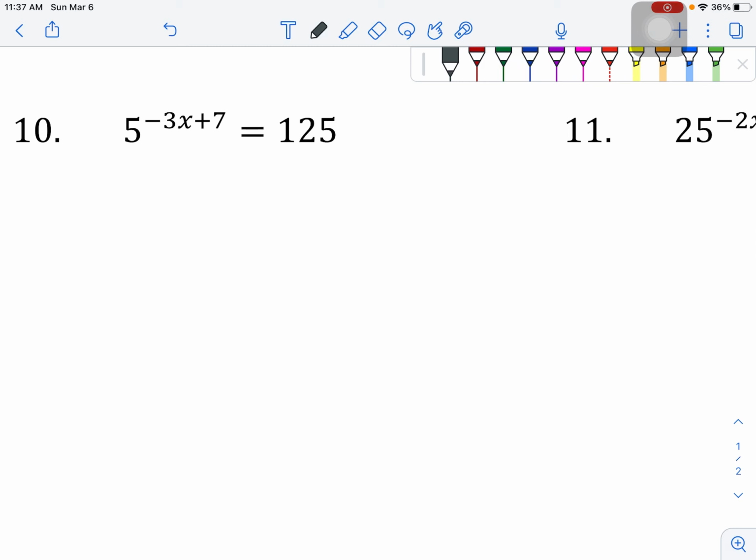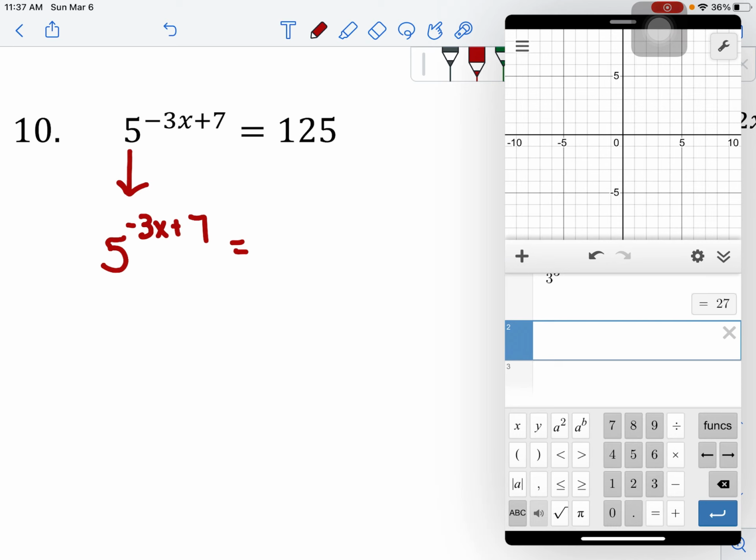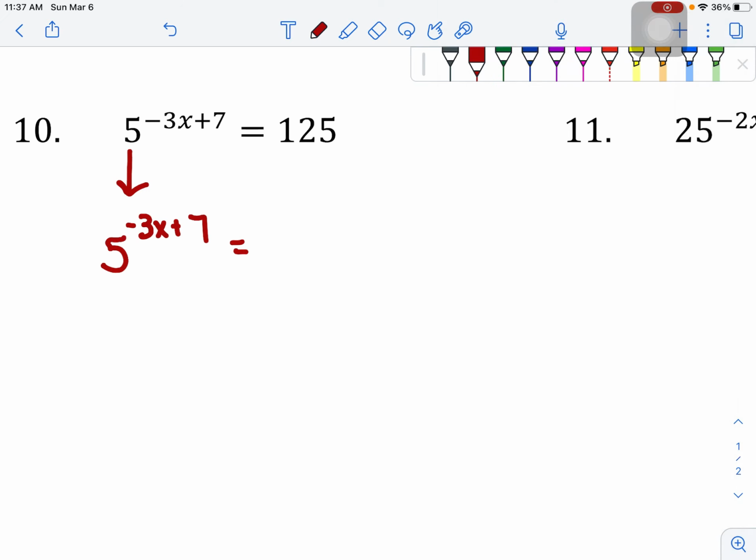All right, I have a 5 and a 125. Let's think. I'm going to try to leave the 5 as is. And then 125, can I make that as 5 squared? No good. 5 cubed? Yeah, 5 cubed is 125. So use your calculator to help you out.